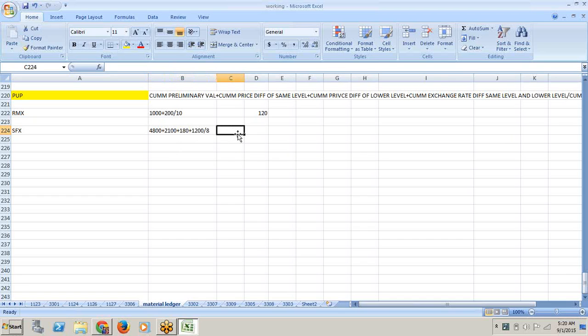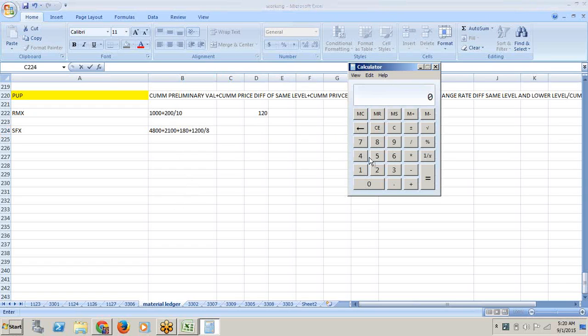Now, what is the cost here? 4800. 8 to 80 divided by 8. 1035.